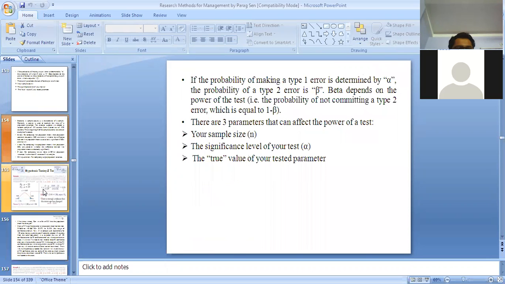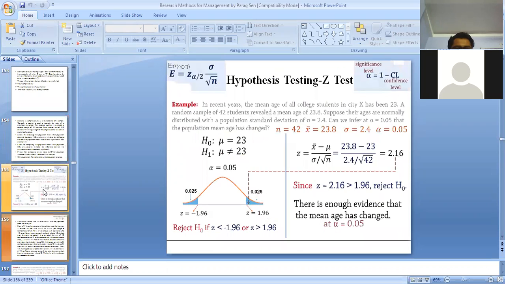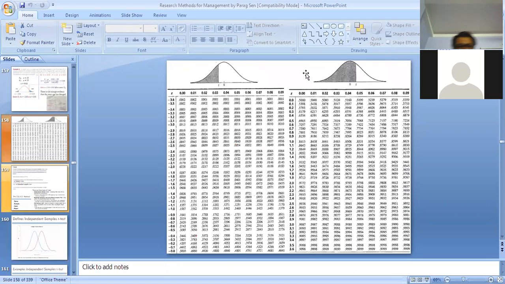Yes, this is the z value table. You can see that from minus infinity to this region, you can calculate the area, from any region. You can calculate it very easily.